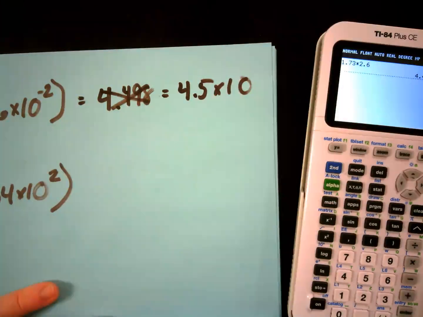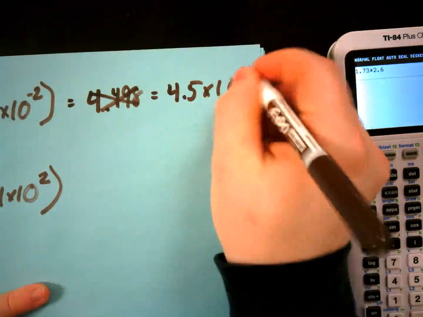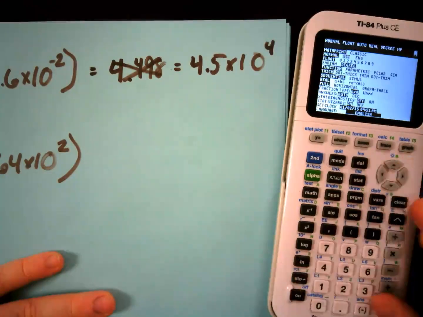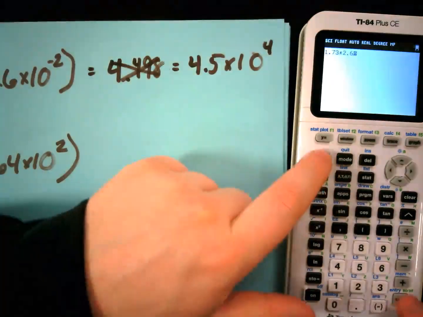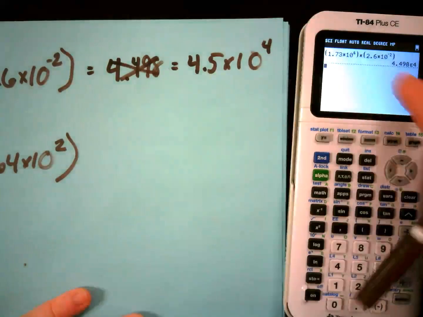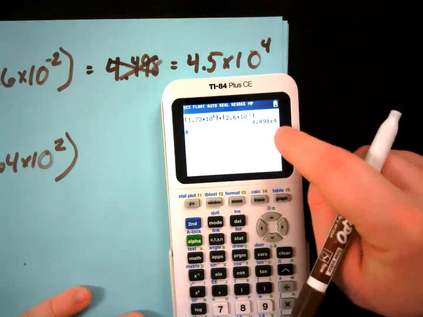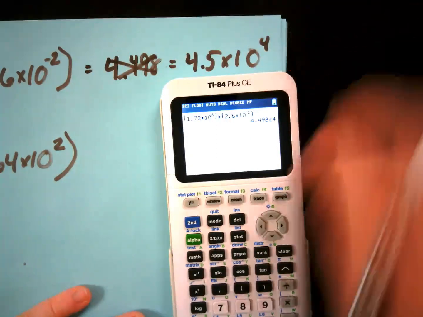In this case, it's going to be 6 plus a -2, which is 4. Which is exactly correct. So this would be 4.5 times 10 to the 4th power, which is right here. So it checks out.